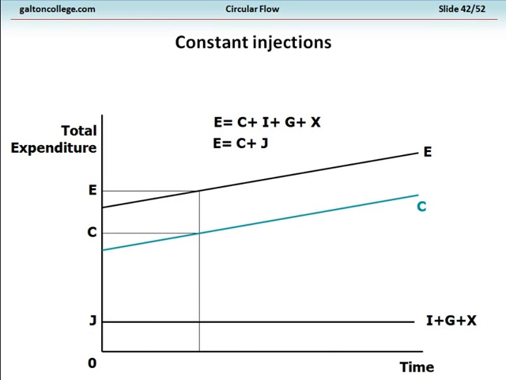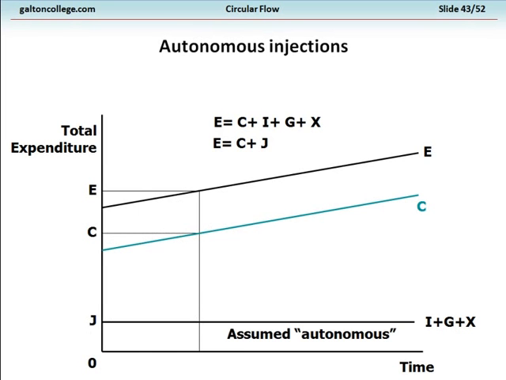Now, by the way, we call I autonomous because it doesn't vary over time, or it doesn't vary with anything. It doesn't vary with income. We just make it autonomous, which is just a way of making it horizontal. Makes it easy to understand. Just forget about the complication of how they vary over time. Just make it easy. So we'll keep it down there.